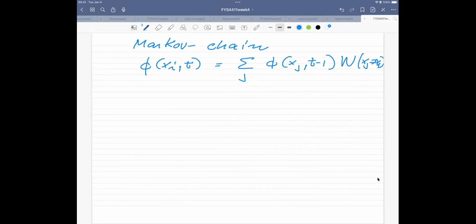This is how we define the Markov chain. So the new probability distribution keeps only track of the previous probability distribution multiplied with a transition probability.